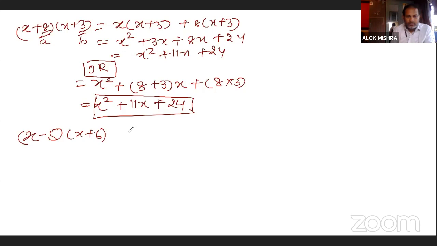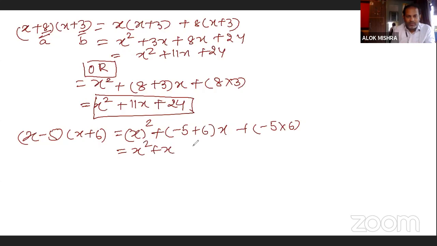I'll be going with the second formula: x squared plus (minus 5 plus 6) into x plus (minus 5) into 6, which is x squared plus x minus 30, because minus 5 plus 6 is 1. So it is x squared plus x minus 30.